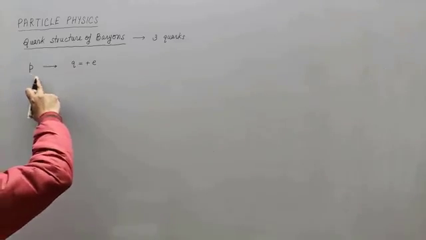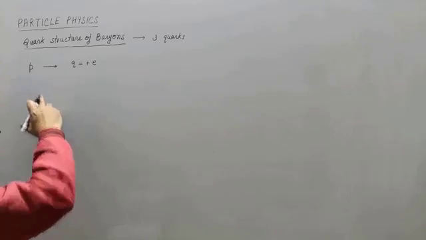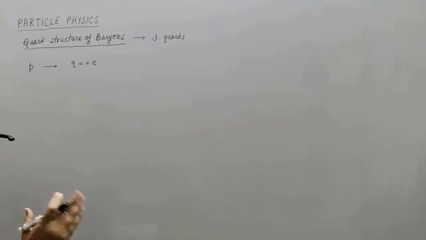So basically this P will be formed by 3 quarks and total charge on this proton is plus e. Now, what is the strangeness number of this P? That is 0. So strange particle is not involved here.